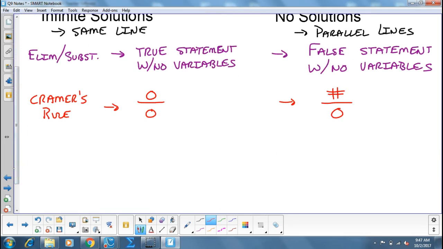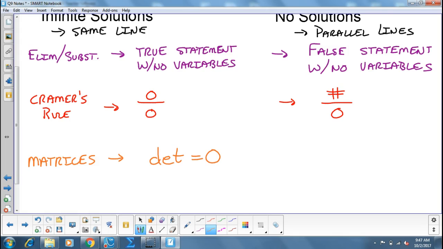A little more difficult one is matrices. In matrices, your determinant is going to equal 0.